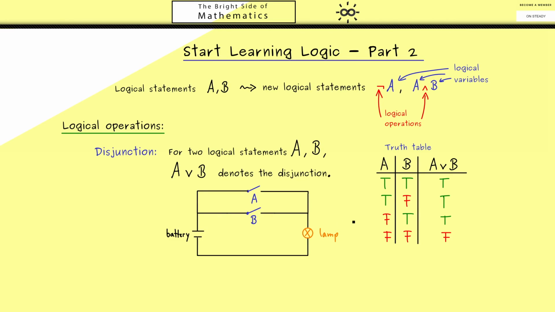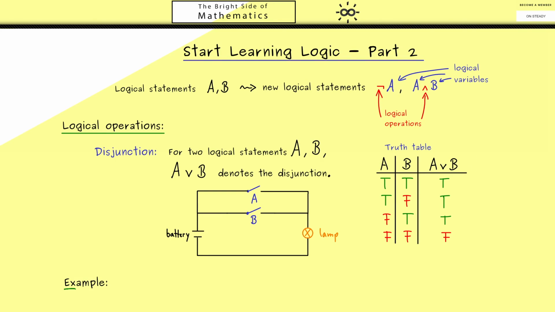Similar to the conjunction, you can also visualize this with a circuit and a lamp. In this case, the two switches just have to be parallel. Now, having these logical operations, we can combine them in a lot of ways to get out new logical statements. Therefore, the natural thing to do is writing down a truth table for such a new combination.